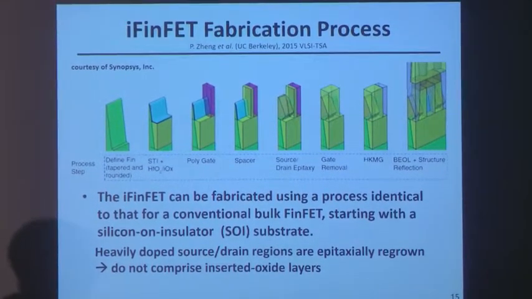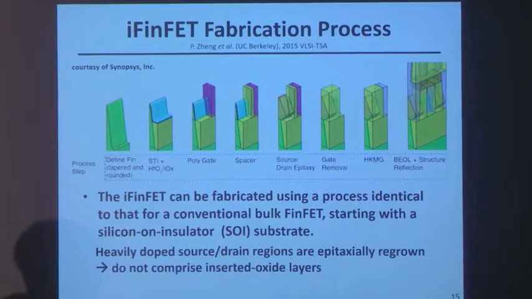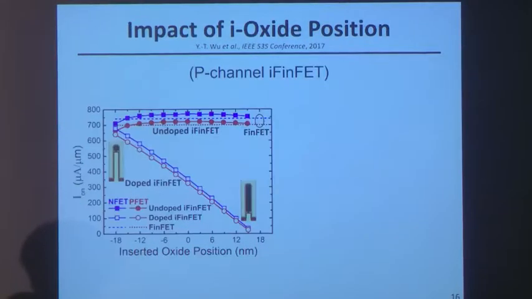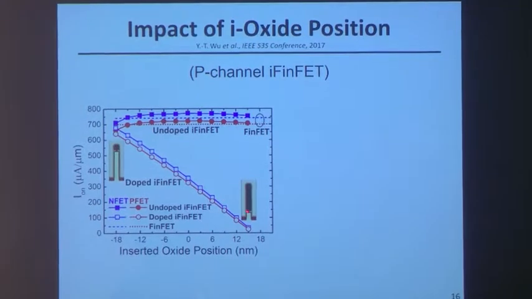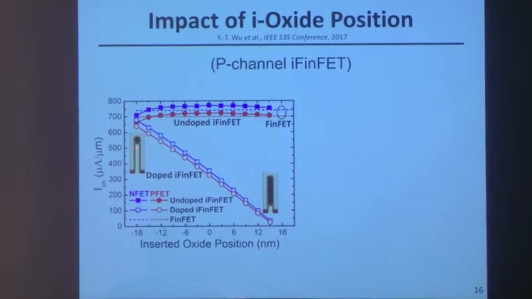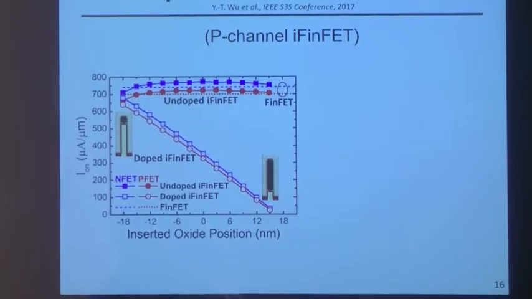They're continuous silicon germanium or silicon doped with carbon and so on. So the source and drain regions don't have that inserted oxide layer. Only the channel region has that inserted oxide layer to enhance gate control and also to allow for fine tuning of the drive strength. Depending on how thick that SOI layer is to begin with, you can adjust the position of the inserted oxide layer.